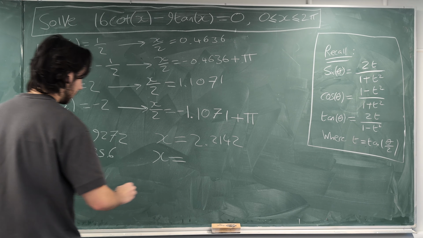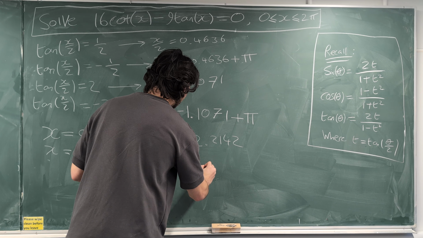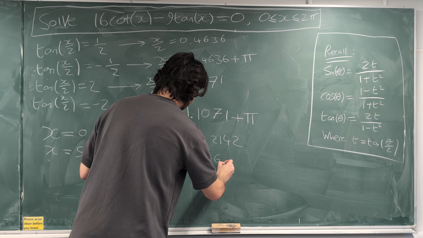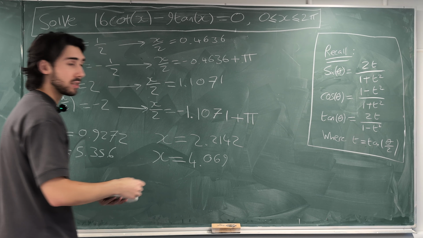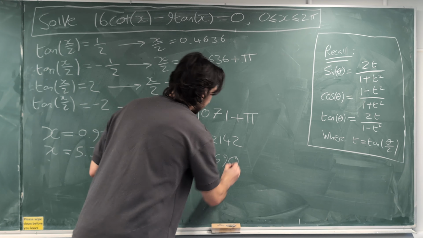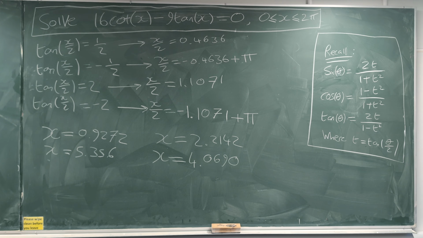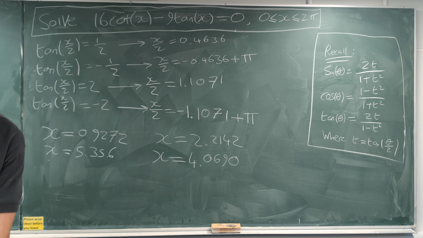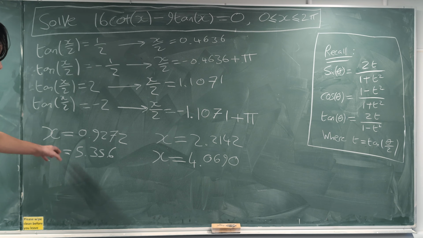And so the last answer is 4.0690, or 4.069, to about 4 decimal places there. I've written them all to different numbers of decimal places. Of course, it doesn't really matter too much, but these 4 answers would be the only answers.